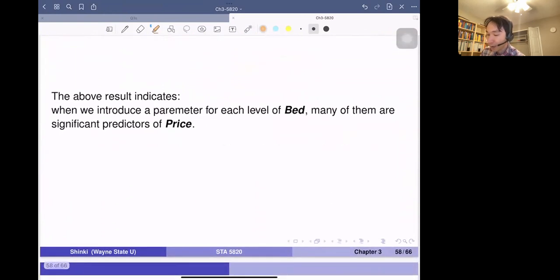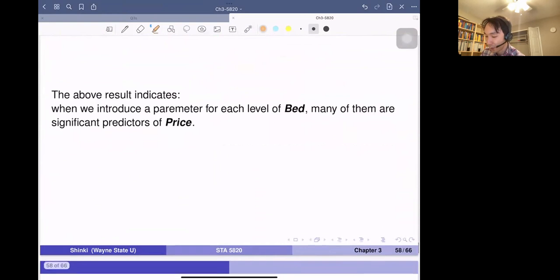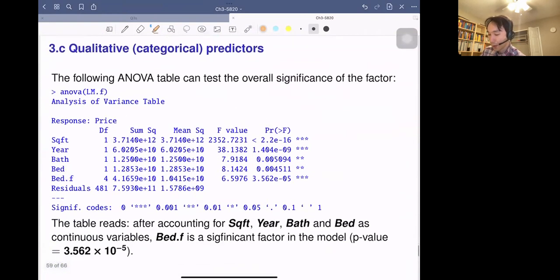Yeah, so the above result indicates that when we introduce a parameter for each level of bed, many of them are significant predictors of price. So probably this is useful. And we can test the significance by ANOVA. Analysis of variance clarifies whether predictors are significant overall.